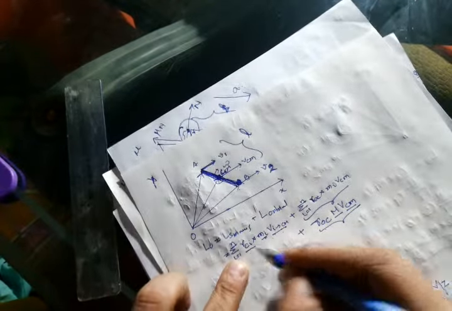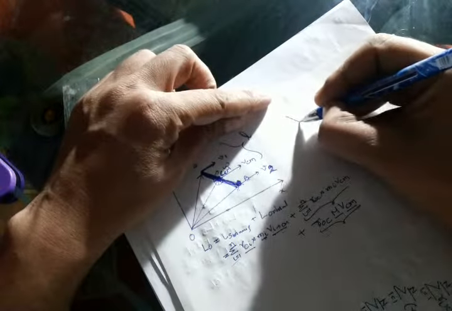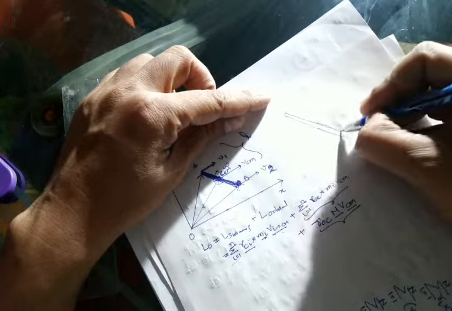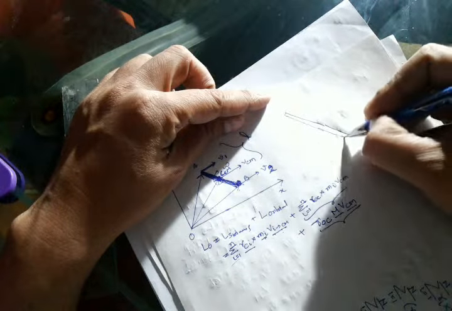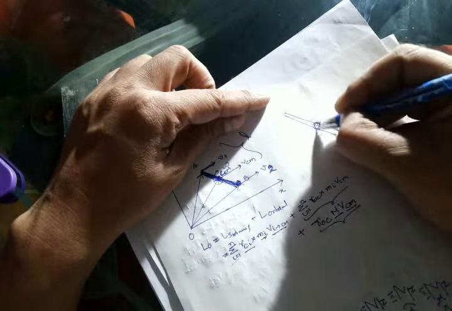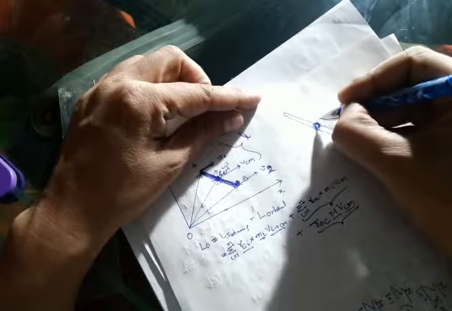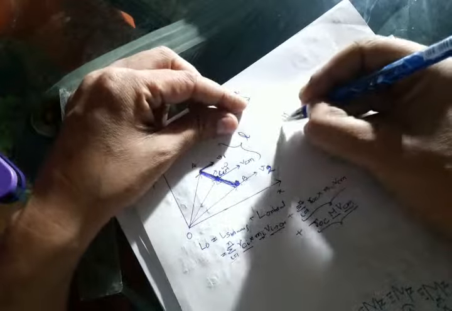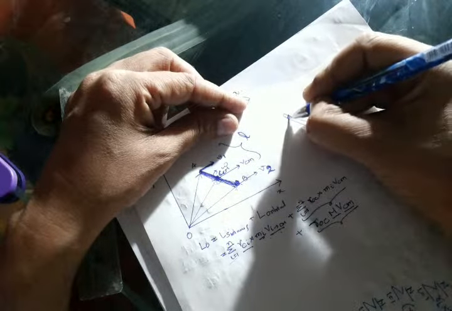So this is R_CI. I'm making a clear diagram here. So this is CM, center of mass, and this is for any mass.